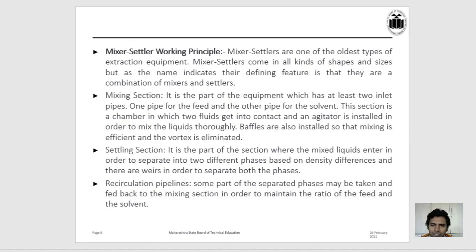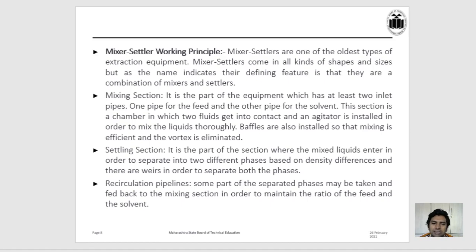In the mixing section, this is the upper part of the equipment, which has at least two inlet pipes, one pipe for the feed and the other pipe for the solvent. This section is a chamber in which two fluids come into contact and an agitator is installed in order to mix the liquids thoroughly. Baffles are also installed so that the mixing is efficient and the vortex is eliminated.